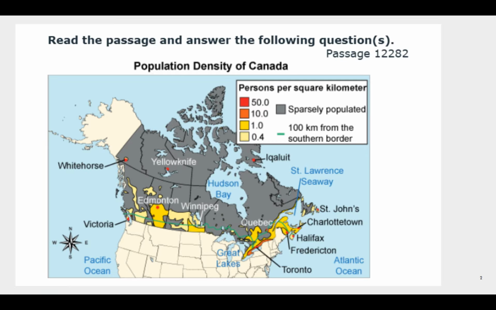How many miles did we say most people in Canada live near the United States? What's the number? 100 miles, exactly. So when it comes to most people in Canada, one, they live in southern Canada because it's warmer, and two, they live near the United States of America because it's a great economic ally.